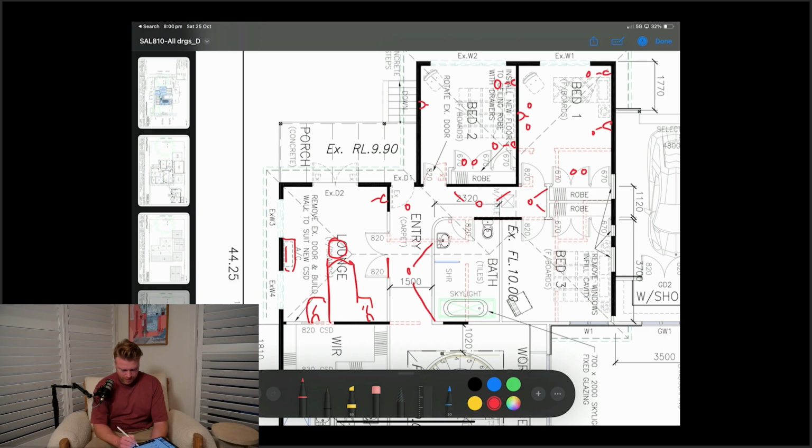As for the bathroom, probably some twins over the bathtub there. Now this skylight will probably end up over here, just so it spreads light to the shower and bath. I always like going face lighting, but it's going to be a bit tricky on these ones because you can spend some money on those things.